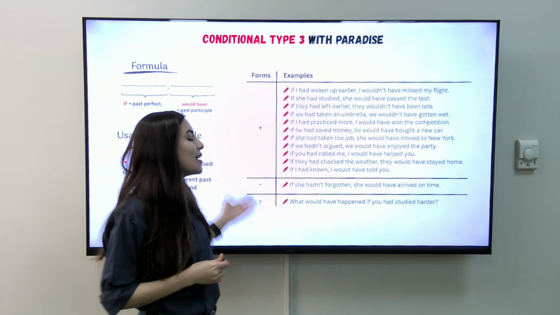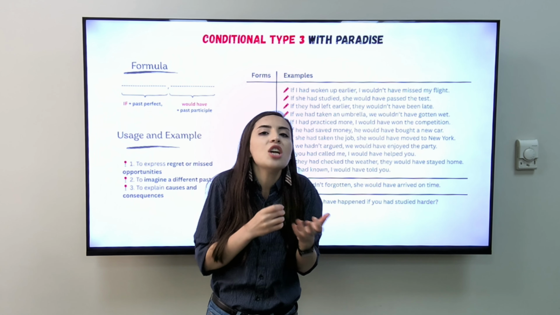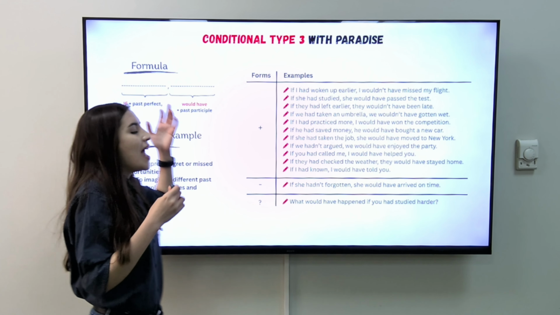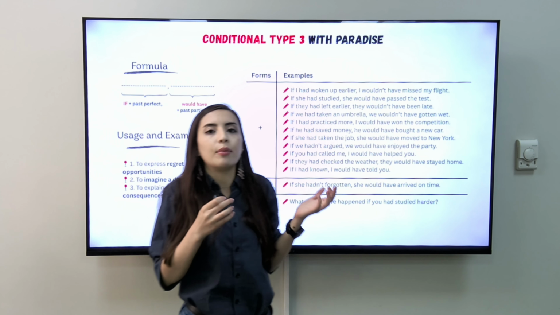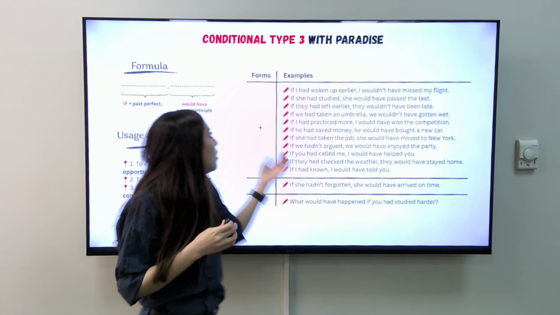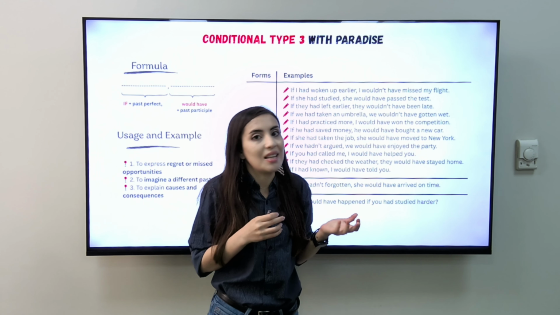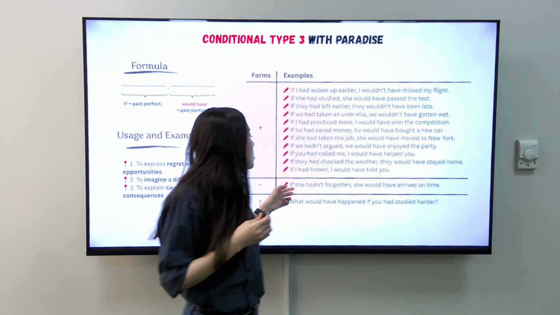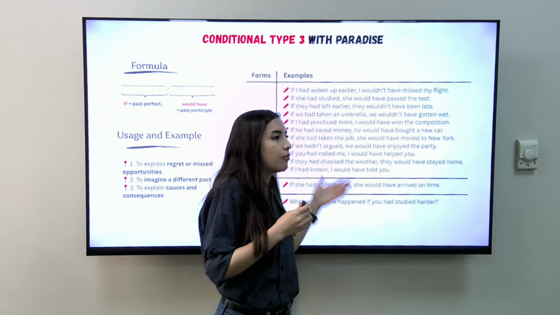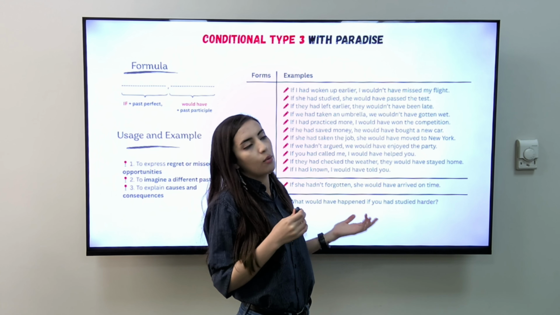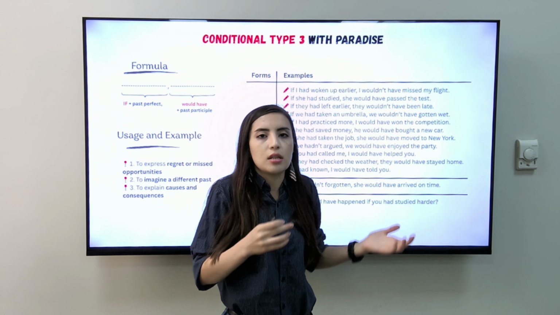To make it negative, like any other grammar, we have past perfect in here. So exactly the way that we do for past perfect, to make it negative, the same way holds in here. So if she hadn't forgotten, okay, the had is the auxiliary verb, so we do not need any extra auxiliary verbs.